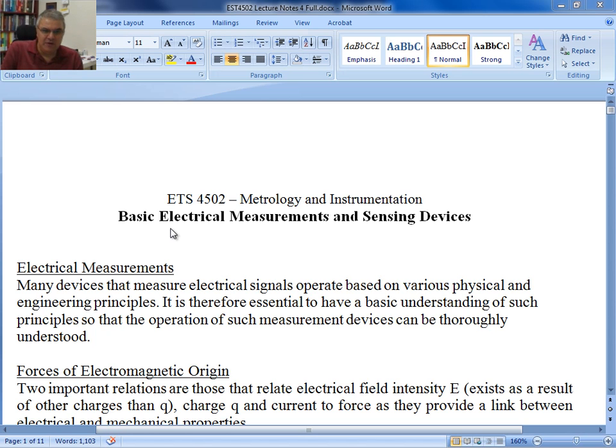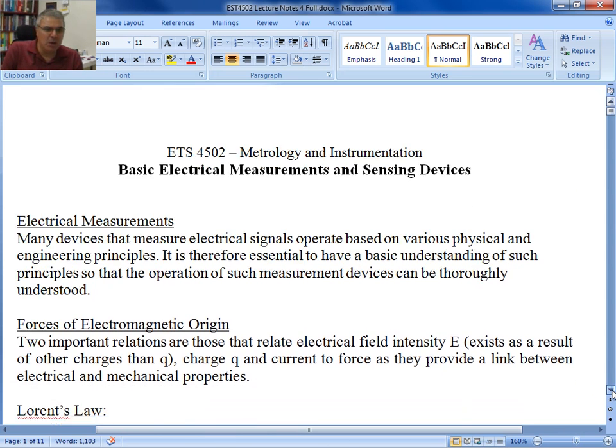So we're going to concentrate on the basics. As you know, most of the devices that are used to measure electrical signals operate on engineering and physical principles. So it's very important to have at least a basic understanding of what's going on, and we're going to concentrate on those.